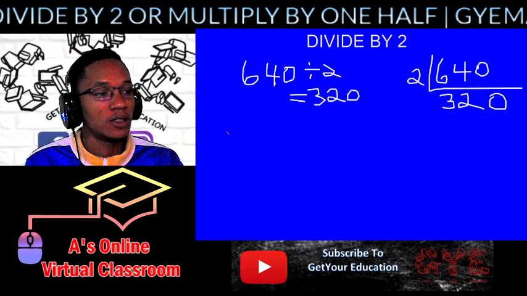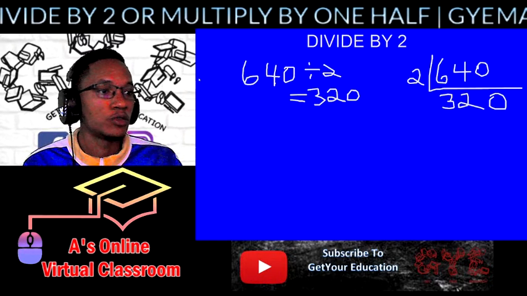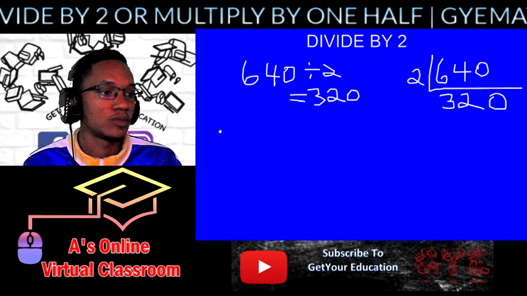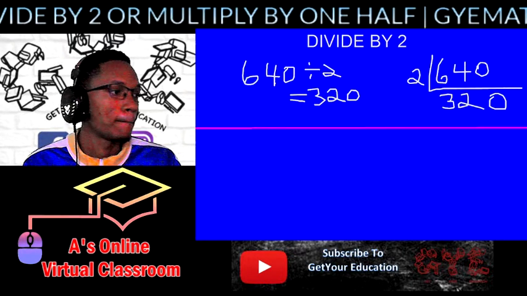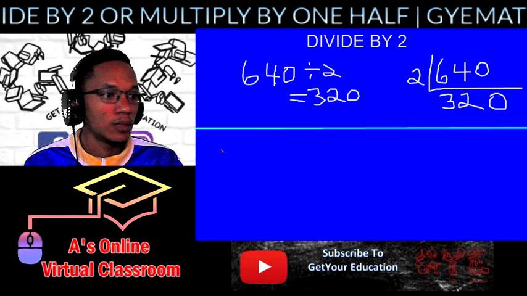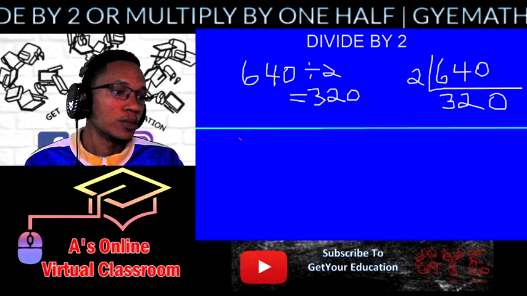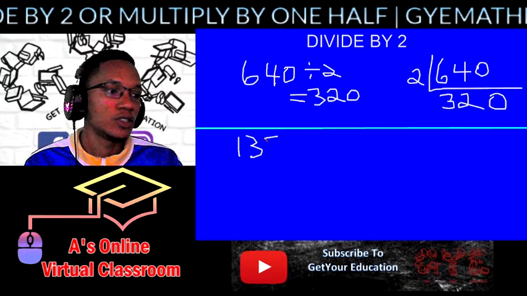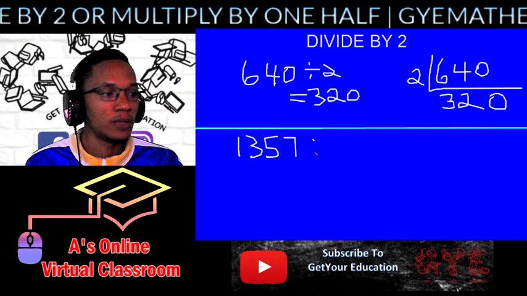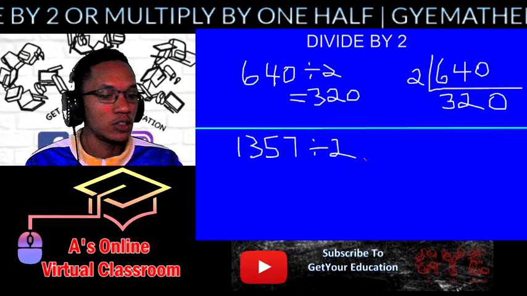and we can do it for any size number. Let's say we have an odd number like 1357. If we divide that by 2, we could do this using long division.